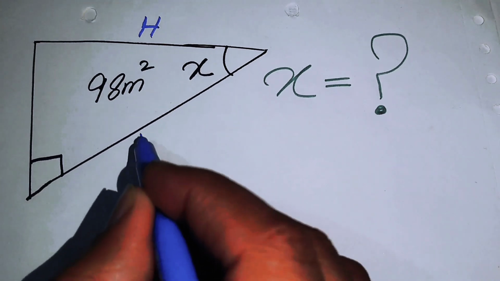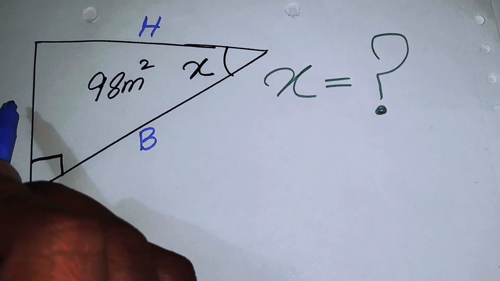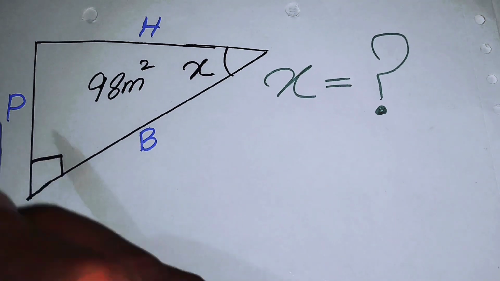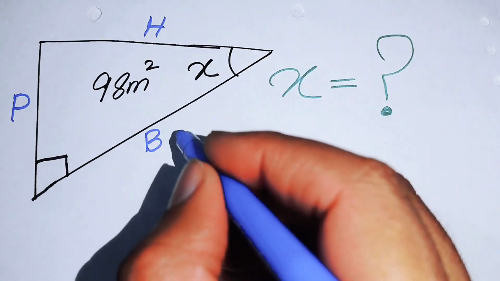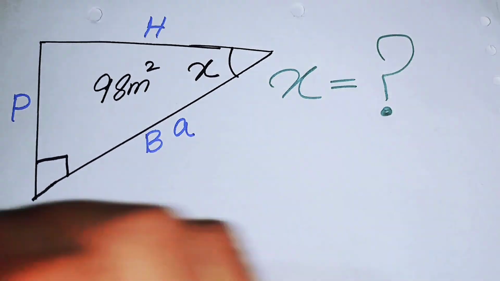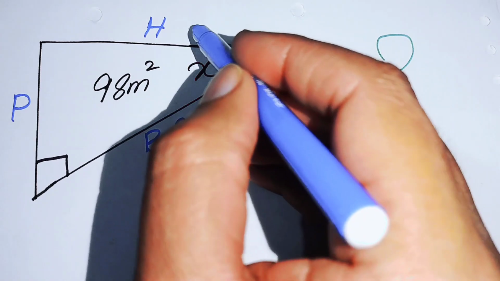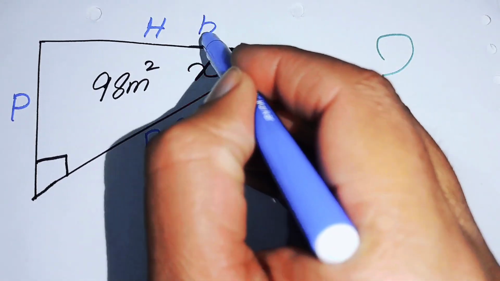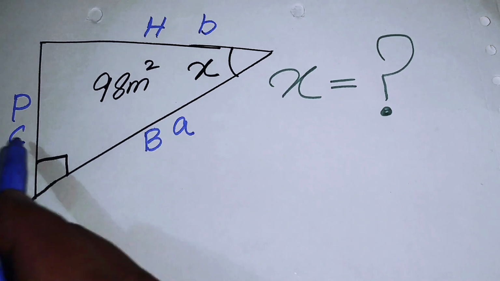So this side is called the base, and the last third side is known as the perpendicular or altitude. So here I can name our base as small a, we name the hypotenuse as small b, and we name the perpendicular as small c.